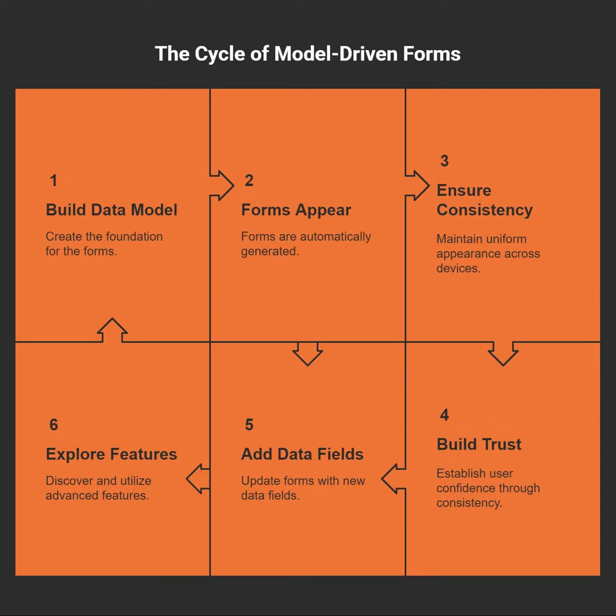So, what's the next step? Begin experimenting with these components. Start small. Add a subgrid to a form, try a quick view form, or explore the potential of a custom page. These additions can transform how your app works. The possibilities are endless. Where will you take your forms next?